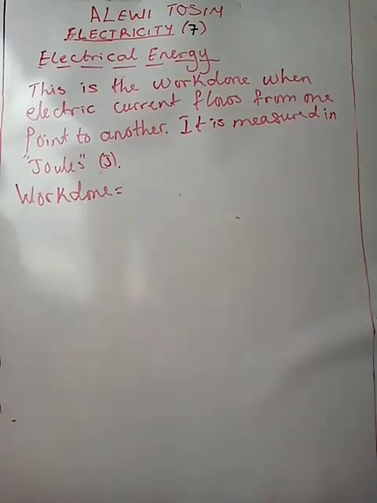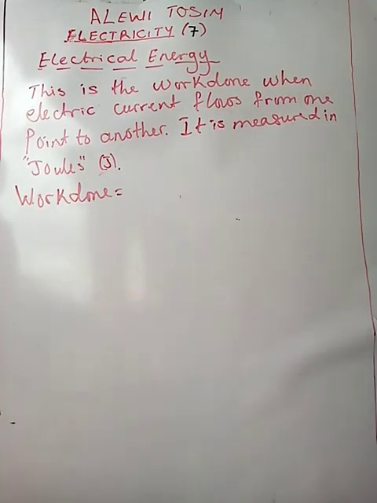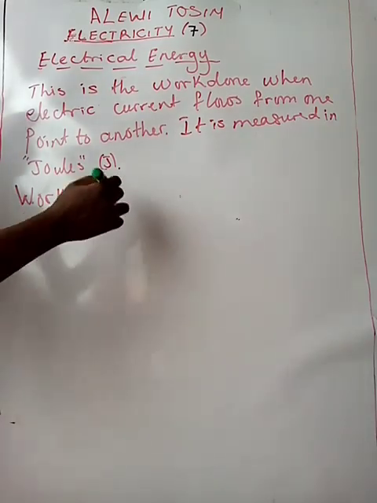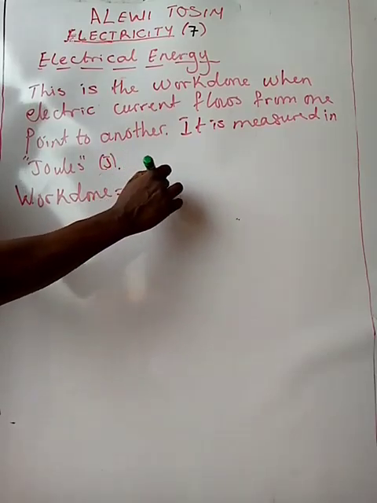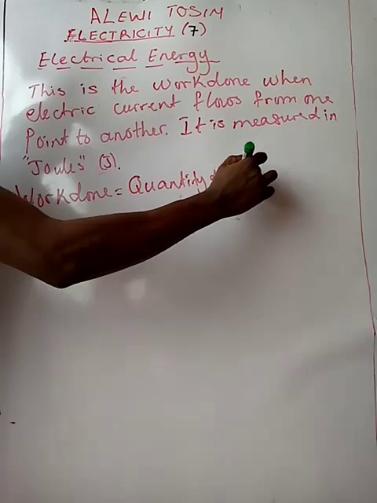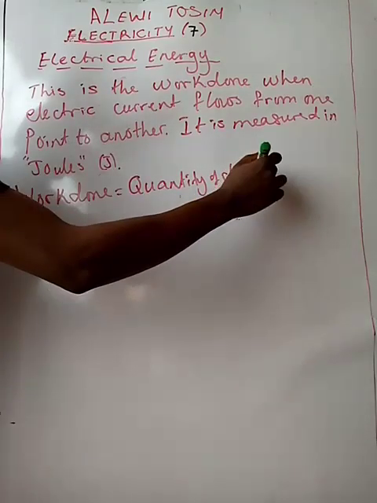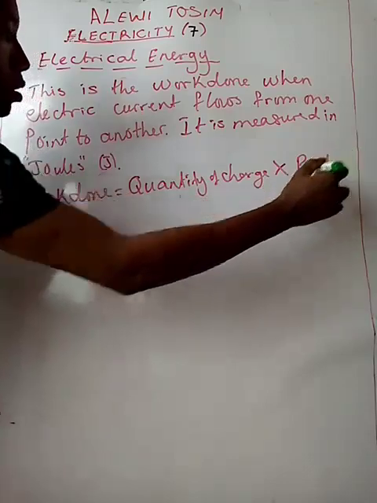While we were discussing potential difference in our previous episode on this topic, we said that work done is given as quantity of charge times potential difference. So here again, we are recalling that work done equals quantity of charge multiplied by potential difference.